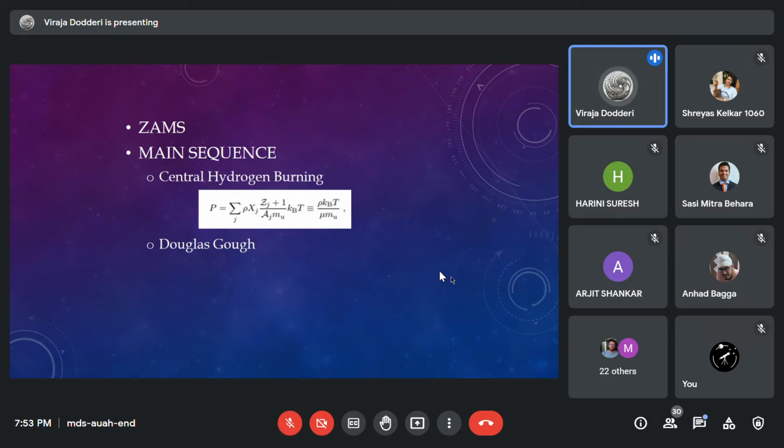And basically, this contraction of the core again releases a lot of gravitational potential energy. I think in the last session, the Virial theorem was introduced, which states the connection between internal energy, total energy, and thermal energy. Because gravitational potential energy is released, part of it goes into the internal energy, because of which the temperature increases.